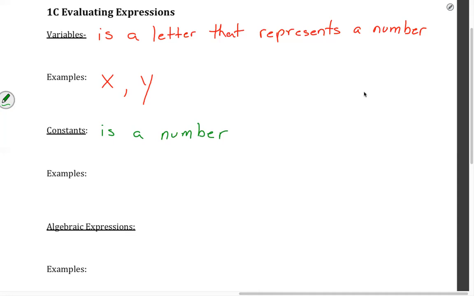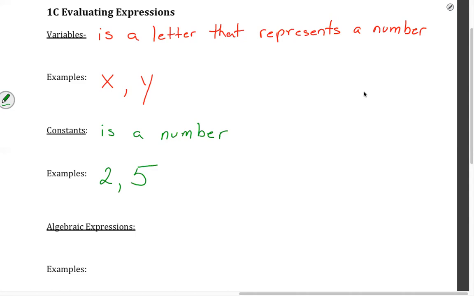So, Sophia, could you give me an example of a constant? 2. And Neve, can you give me an example of a constant? 5. 2 and 5 are examples of constants. They're perfect.